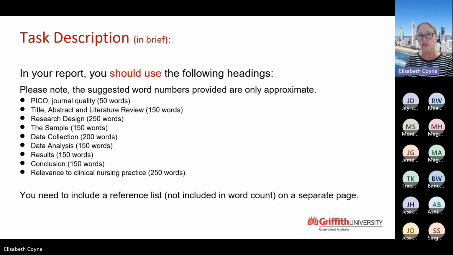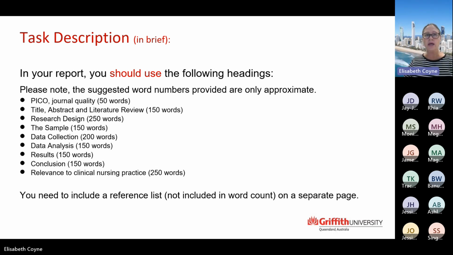So that is part of the results, because when you are presenting the actual data and integrating it together, that's the results. The data analysis is how they've looked at the surveys and the interviews. The data collection is what they did to collect those surveys and those interviews.